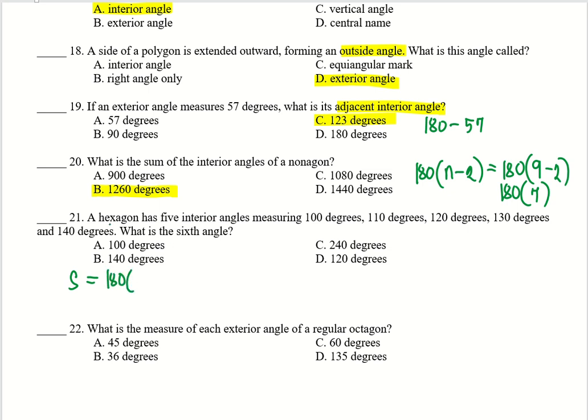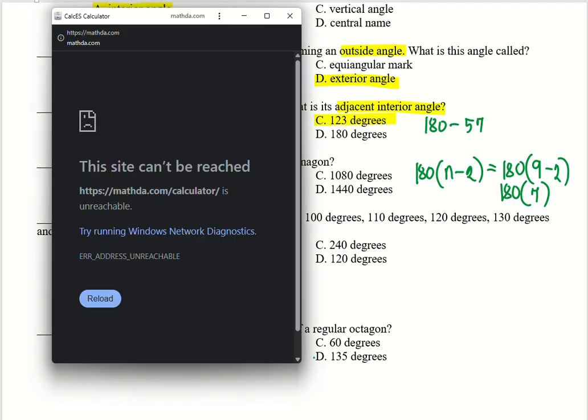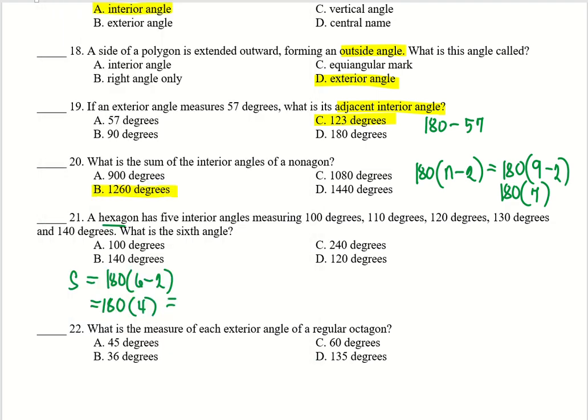So the sum will be 180 times, for the hexagon, 6 minus 2, so 180 times 4, which is 720 degrees. And then after that, you have to subtract the measurements that are given here.